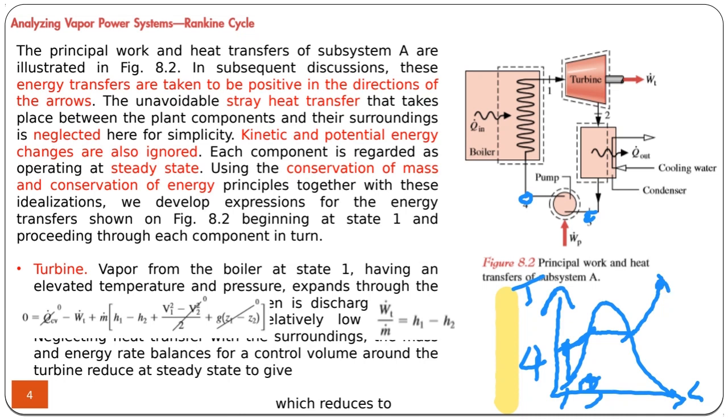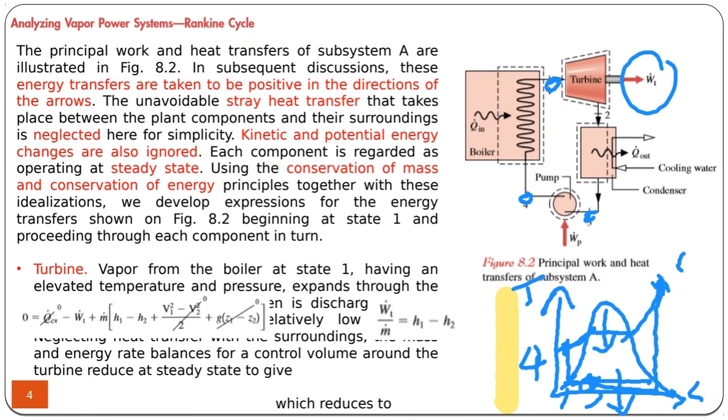Then in the turbine, as it expands to low pressure, it produces work. Then in the condenser, as the heat is rejected, heat is added here, heat is rejected there, then it becomes liquid. So in all the interactions, we always use the difference in the enthalpy.